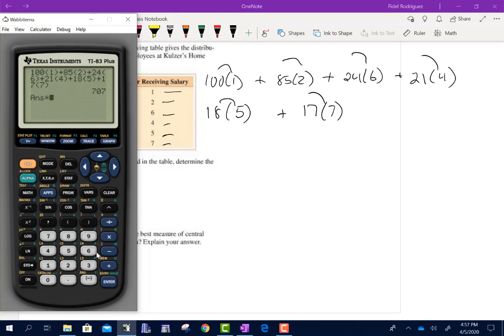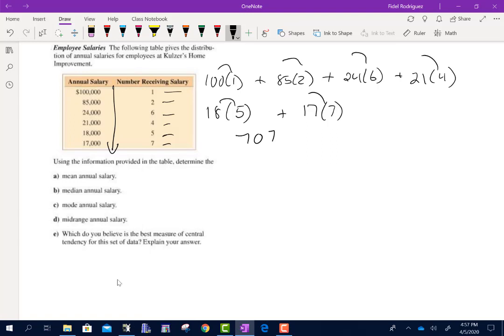Okay, now remember, this is in thousands, so I'm going to multiply that number by 1,000. So now, when I add them all up, the number that I'm coming up with is $707,000, right?